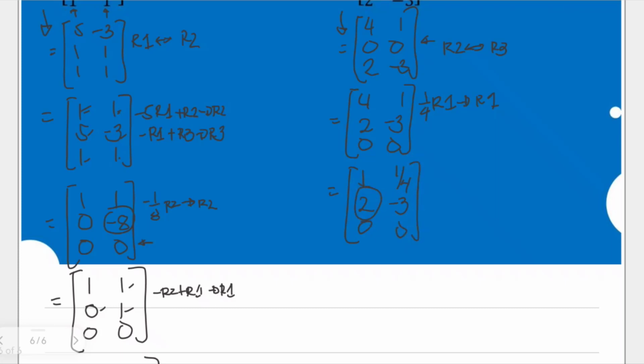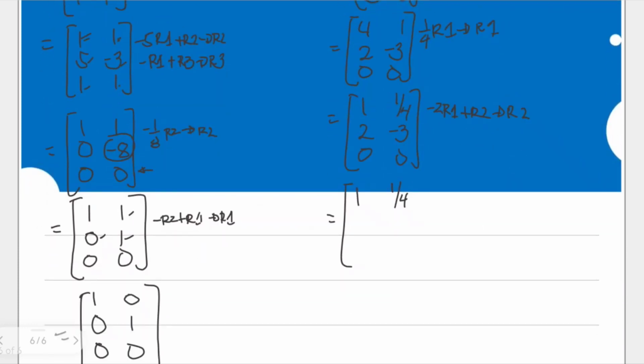To make this 0, we will multiply negative 2 to row 1 plus row 2. So we have here 1, 1/4. When you multiply negative 2 to 1, you get negative 2 plus 2, 0. Negative 2 times 1/4 is negative 2/4, or negative 1/2.